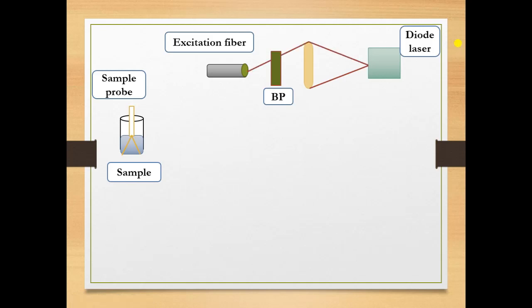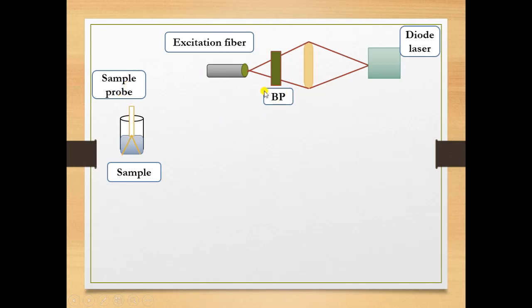The radiation source is passed and it will come first to the objective lens of the microscope. Now this objective lens focuses to the excitation fiber. Now it will produce an excitation radiation, and this excitation fiber passes the excitation radiation to the sample probe.